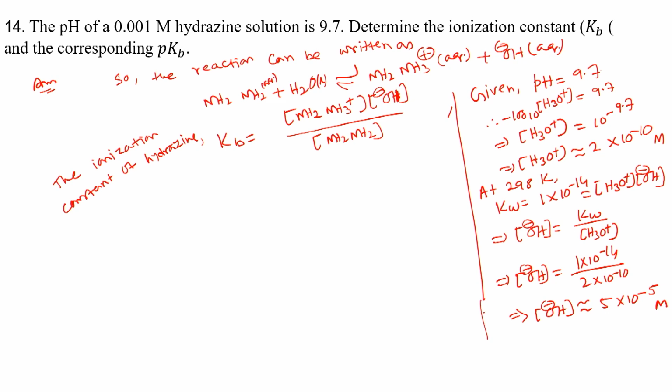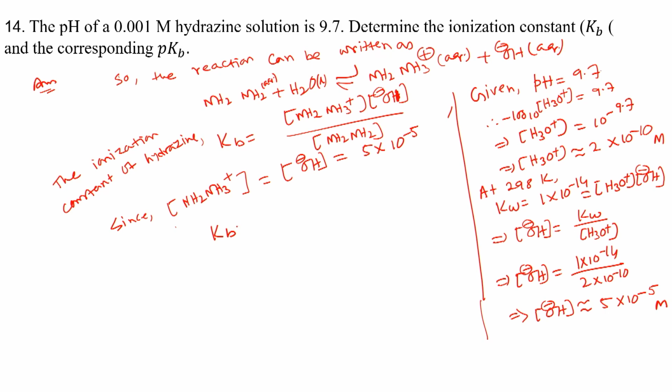Okay, now we have got this. The concentration of OH minus and the concentration of NH2NH3 plus are equal, right? Since the concentration of NH2NH3 plus is equal to the concentration of OH minus, we can write this as 5 times 10 to the minus 5.